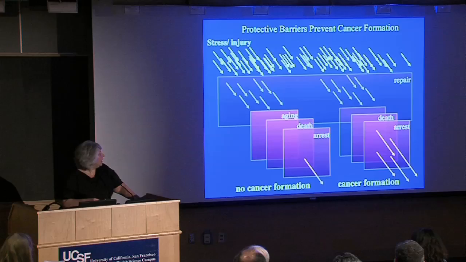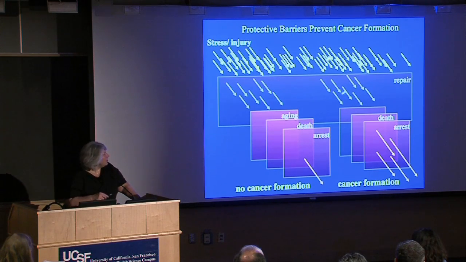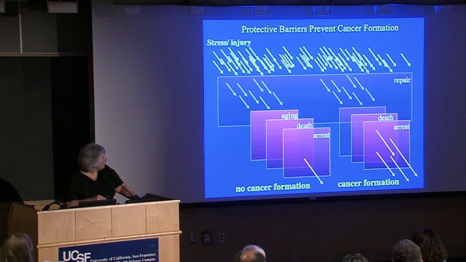It has ways of dealing with it. It has many repair mechanisms on many different levels. And we know that these are very important in terms of preventing cancer, because if any of these repair mechanisms, or if any of these stress responses are compromised in any way, as I'm showing you here, the incidence of cancer goes up dramatically. So that was a good clue. We knew that this kind of thing is very important.